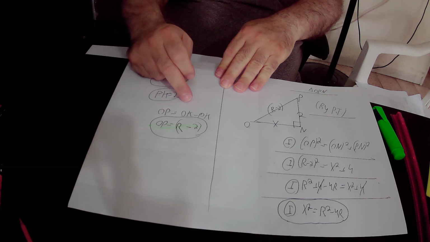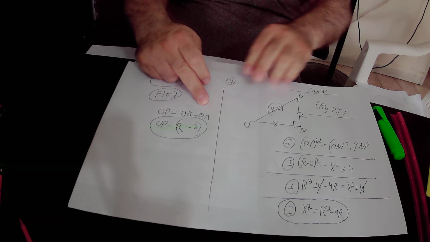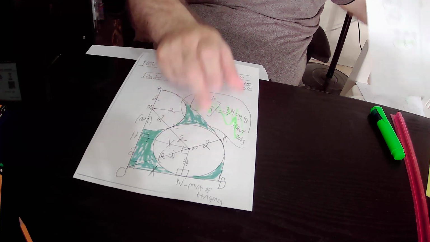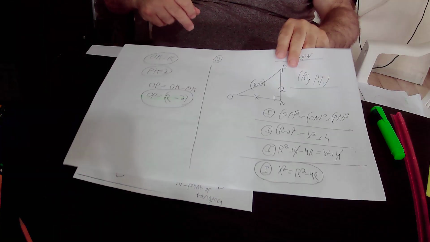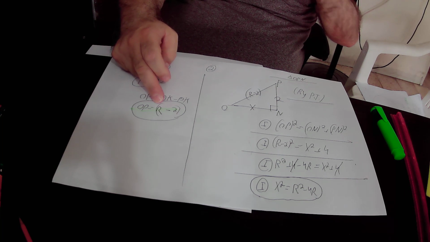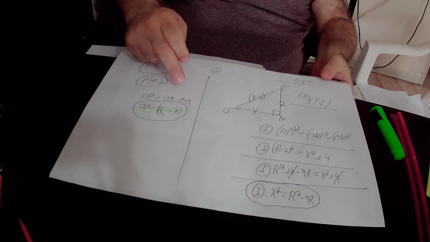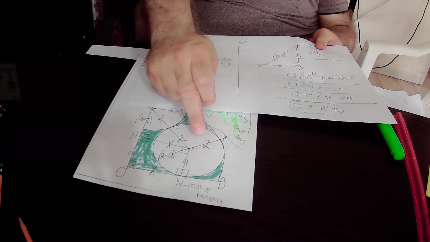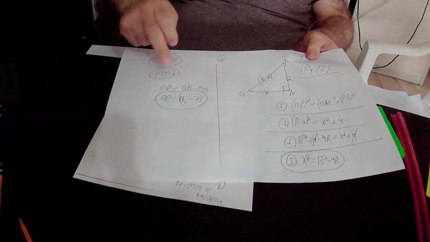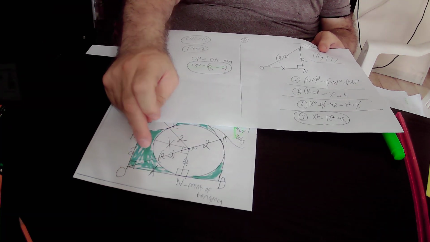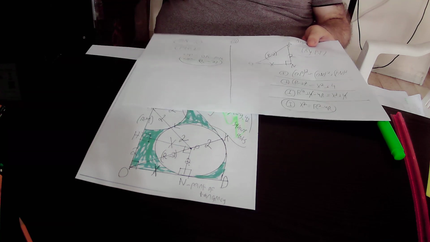OP equals OK, that is capital R, the radius of the quarter circle, minus PK, that is 2 units, the radius of the circle. So in conclusion, we found out that OP equals capital R minus 2.